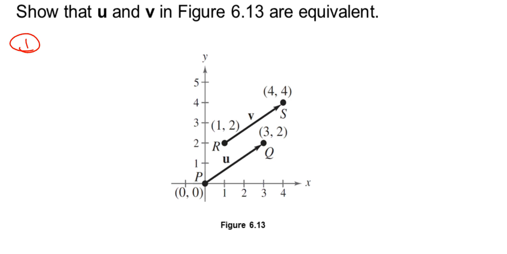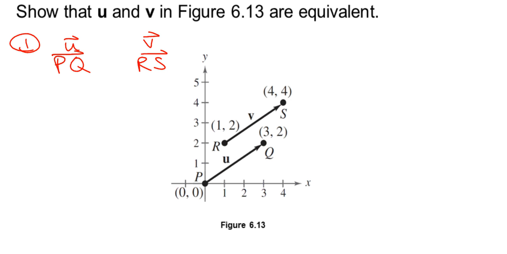Vector u is the same as this vector PQ, and vector v is the same as this vector RS. I'm going to probably talk about them today as PQ and RS vectors. And so we need to see if they have the same magnitude and the same direction.